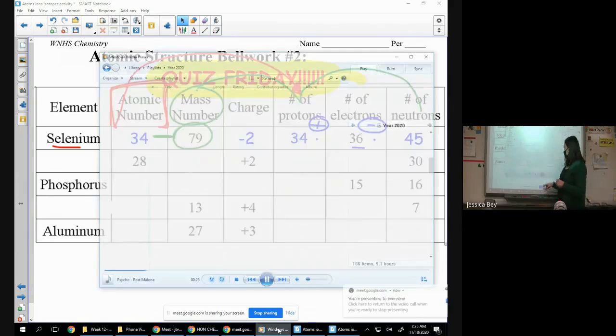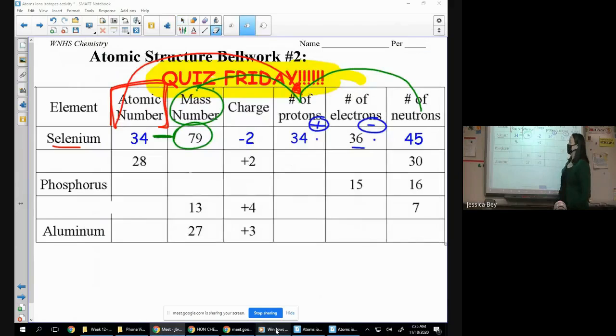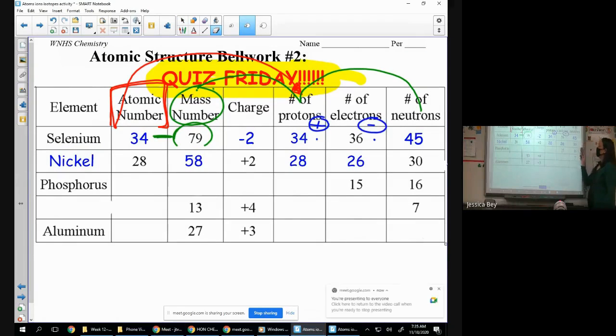All right, so I see a lot of people done, so I'm just going to give up some answers here. For the next one, you're going to take nickel. This one is the only tricky one on there, so make sure you take a look at it. If you look at nickel on your periodic table, you would probably round it up to 59, which I do agree, off the periodic table.